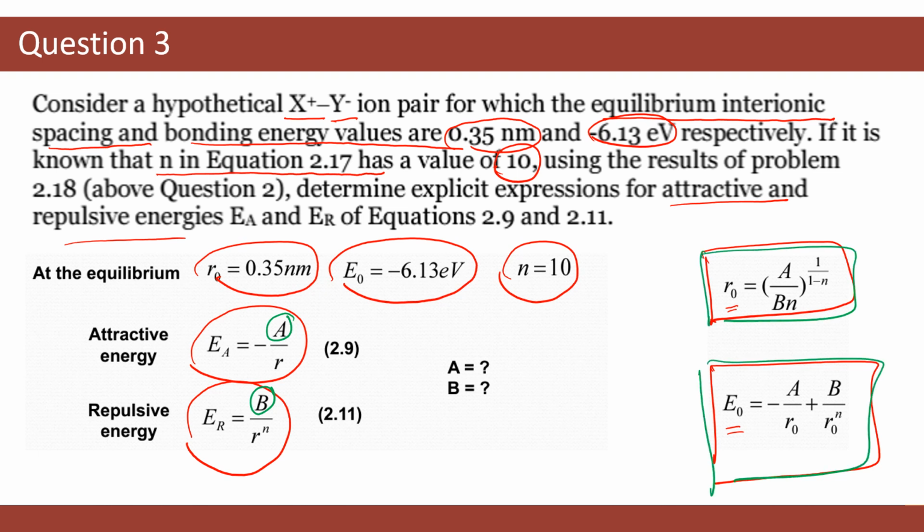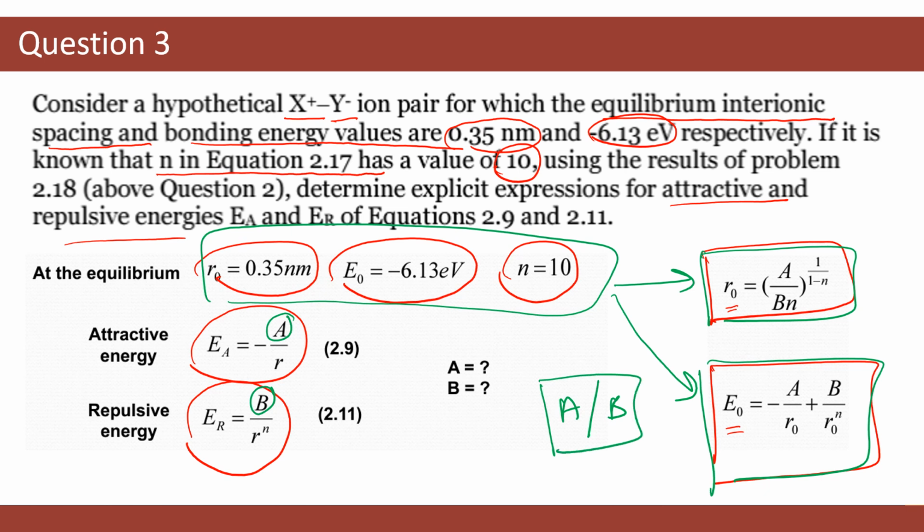And you should be able to substitute all of these things in these two equations and find A and B. Do you understand the question and the steps to answer this? A and B are the only two unknown constants. So if you find the unknowns, you can just substitute them in these two equations and you can get an equation for EA and ER, attractive and repulsive energies.